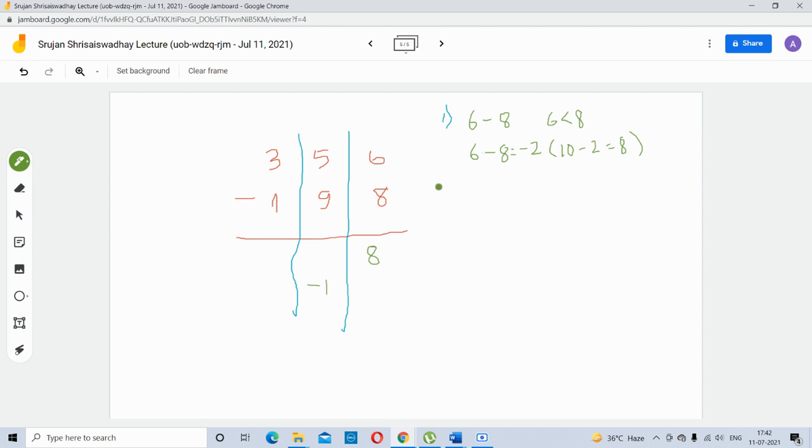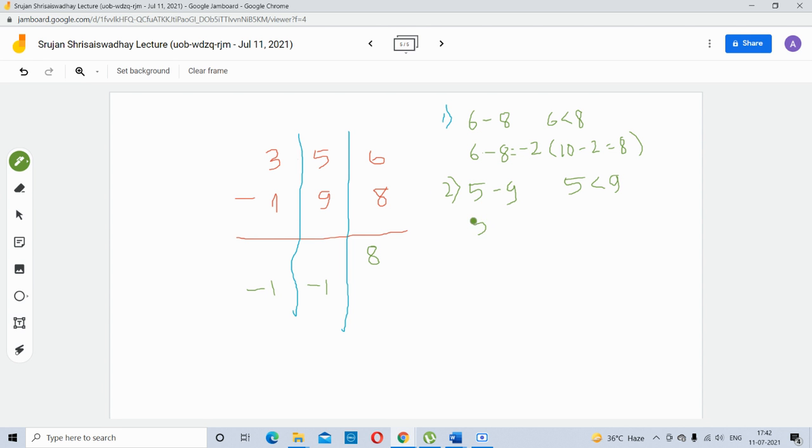Now, next one, the second one. I'm going to start with directly 5 minus 9. I'm not going to reduce 1 from this because here again the 5 is less than 9. So I'm going to put a minus 1 in the previous column.